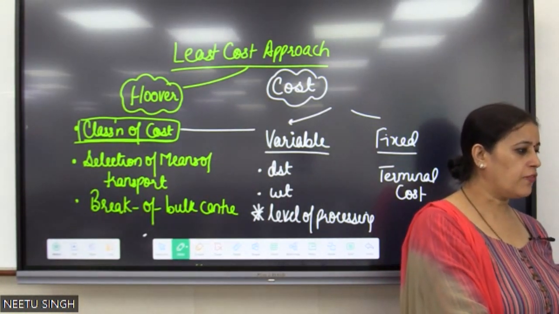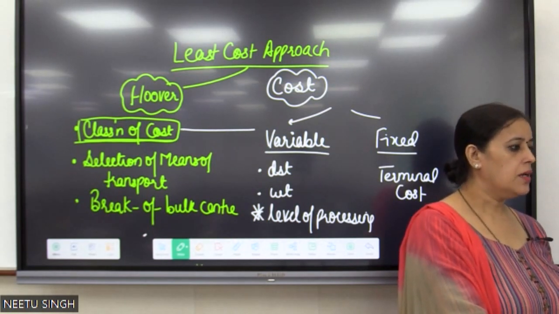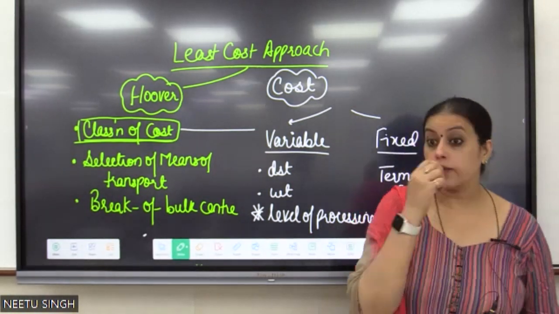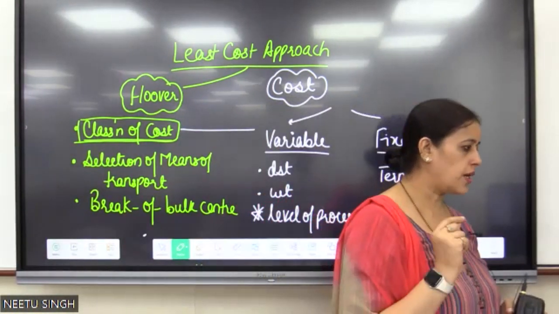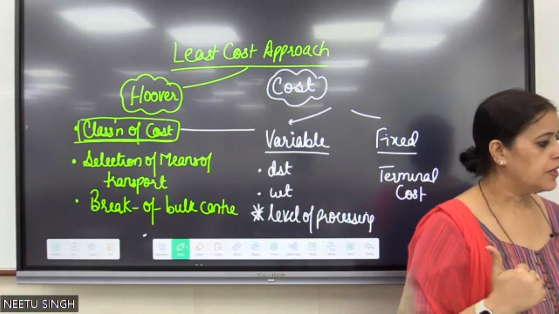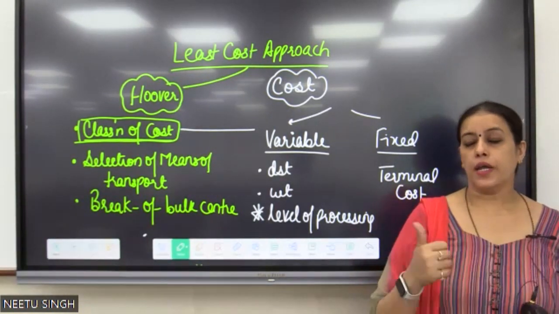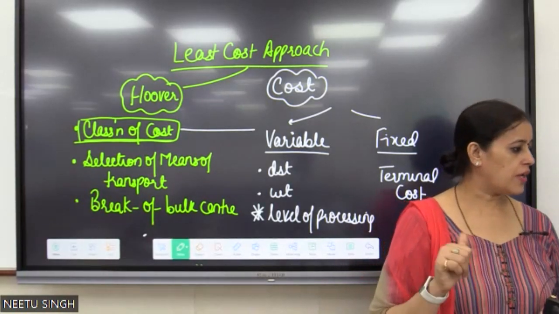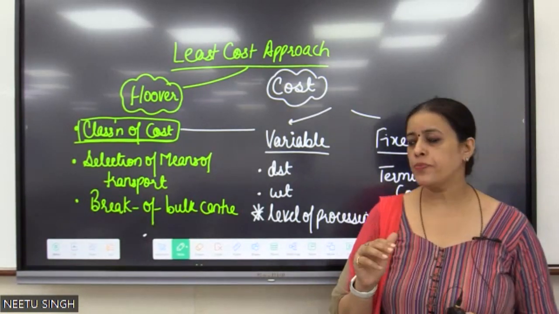If I take the reference of level of processing, transporting cotton textile by default will be more expensive, because transporting it will incorporate handling, packaging, etc. So variable cost was recognized by Hoover, point 1. Apart from recognizing that variable cost will vary in accordance to distance traveled and weight of the commodity displaced, it will also vary with the reference of level of processing. This is how you justify it. Okay?